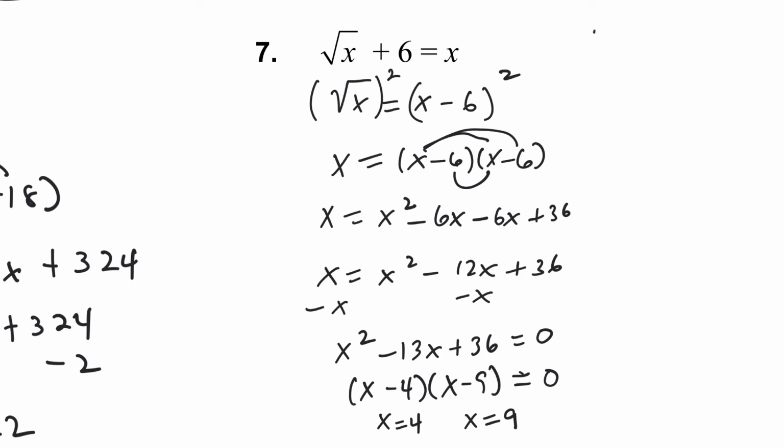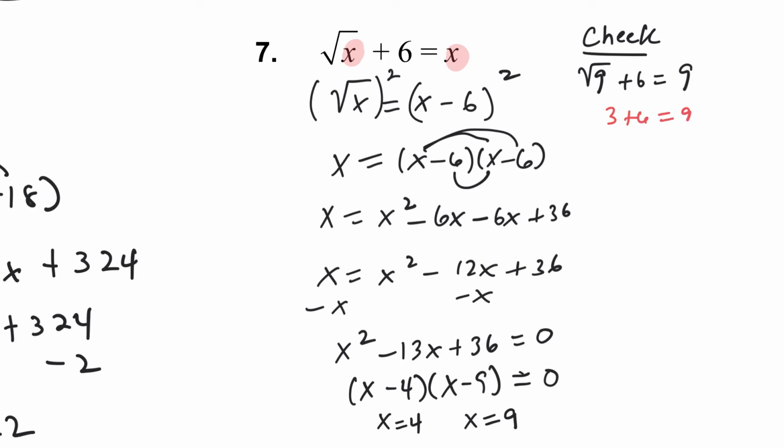So we're going to go ahead and check by substitution. Square root of 9 plus 6 is equal to 9, because remember I'm replacing the x with 9. So square root of 9 is 3. 3 plus 6 gives you 9.